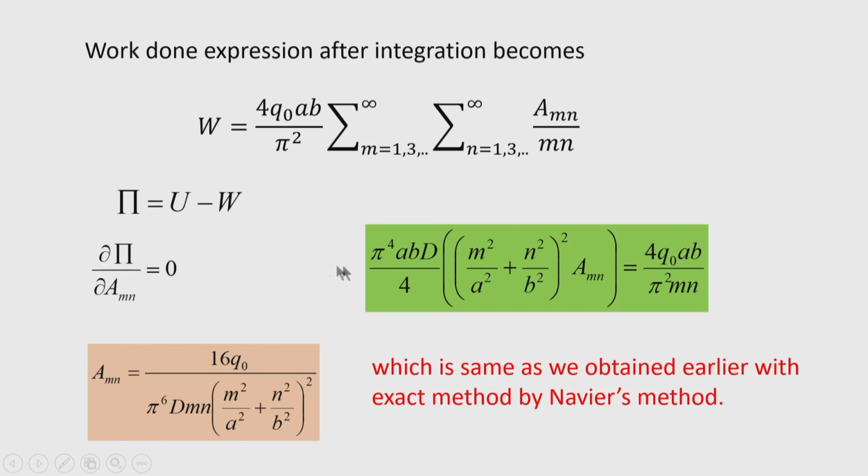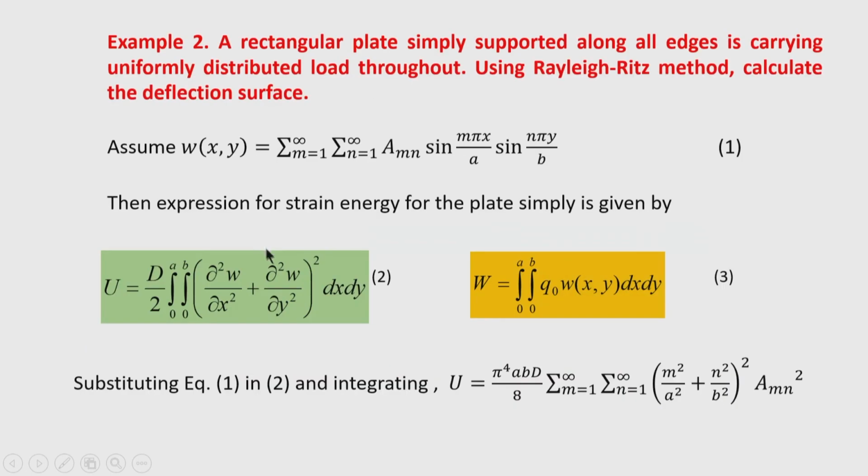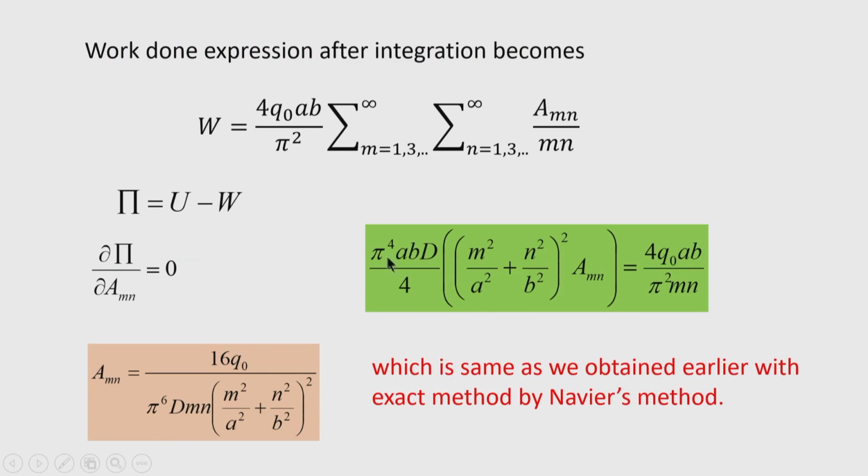After applying this, we arrive at the value of A m n. You can see when the strain energy expression is differentiated with respect to A m n, we get here pi to the power 4 a b D divided by 4, other terms are there already, and A m n is there, and if we differentiate this quantity with respect to A m n, then it will be 1.